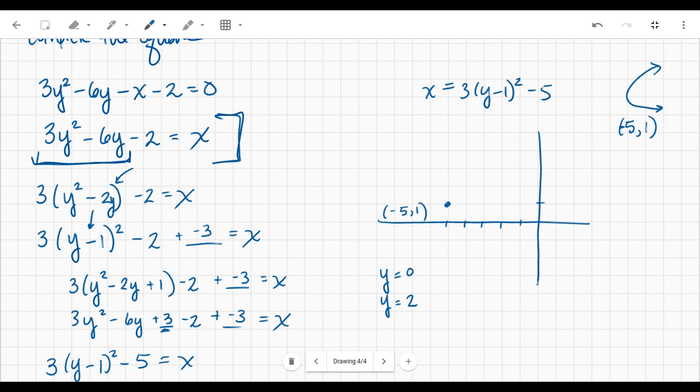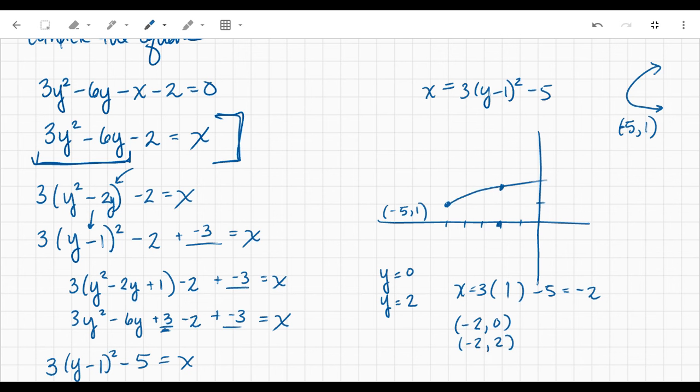And again, either way, we're going to have x equals 3 times either negative 1 squared or positive 1 squared, so just 1, minus 5, which is negative 2. Okay, so we'll have the point x is negative 2, y is 0, and x is negative 2, y is 2. And our parabola looks like that.